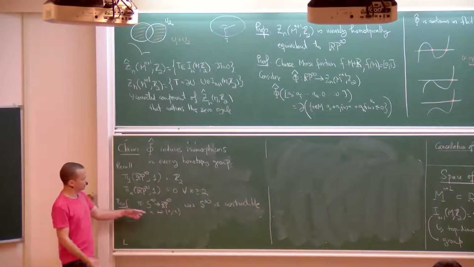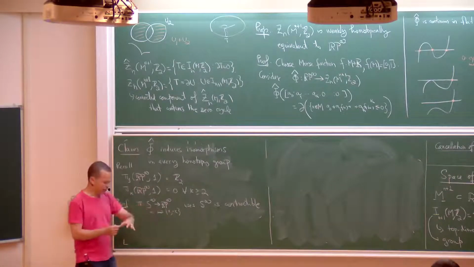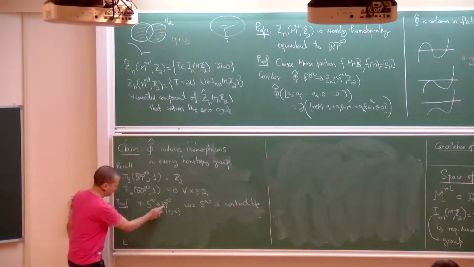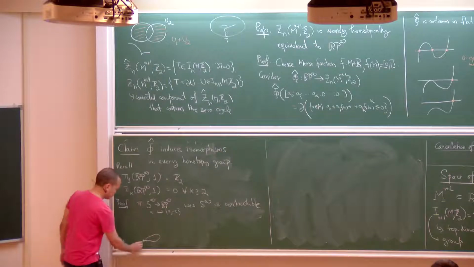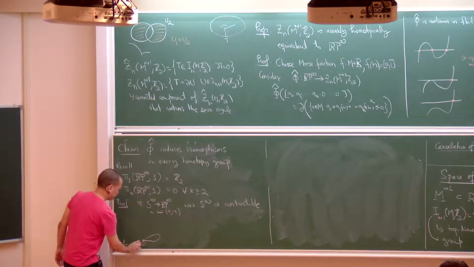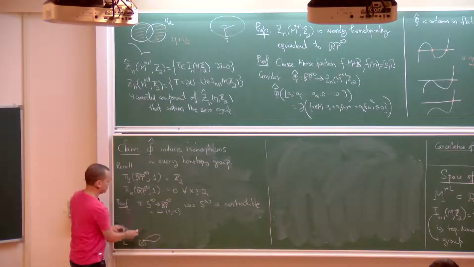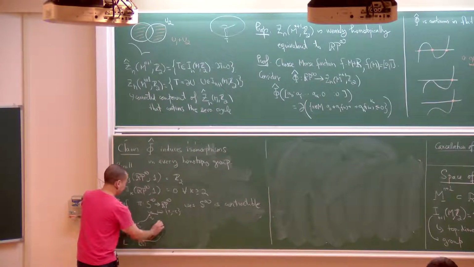So the idea is that if I consider pi_1, I'm looking at paths in RP infinity, say connecting some base point x_0. When you lift the path to the infinite dimensional sphere, either the lift is going to be open, going from x_0 to minus x_0, or it closes up.